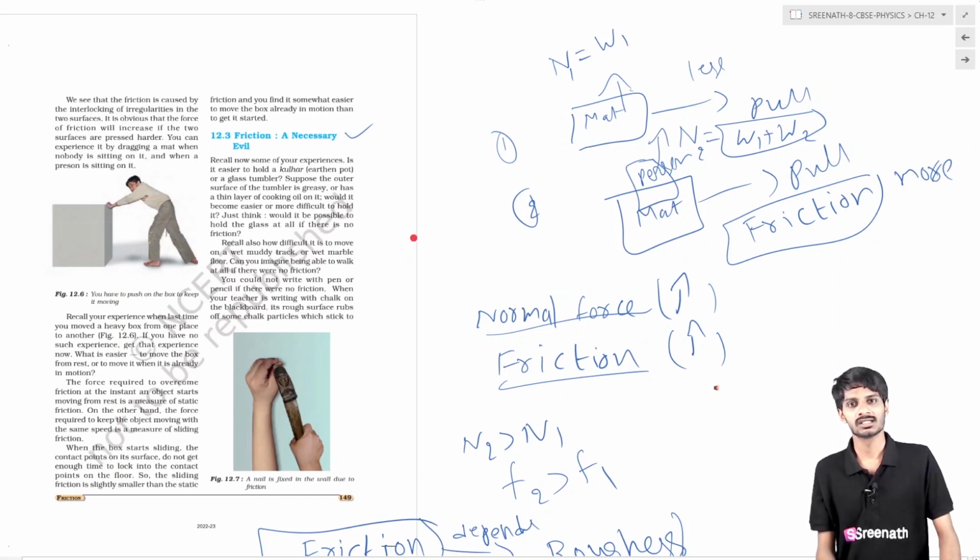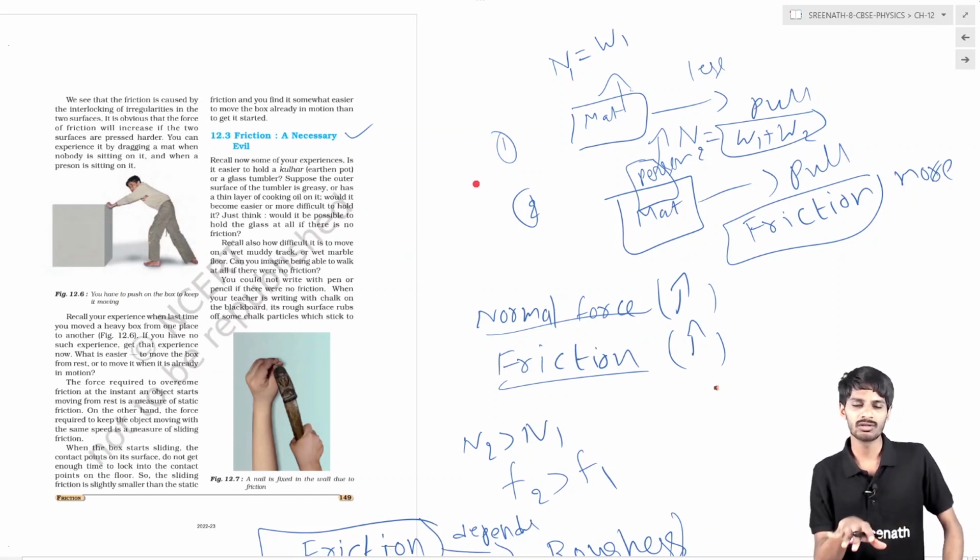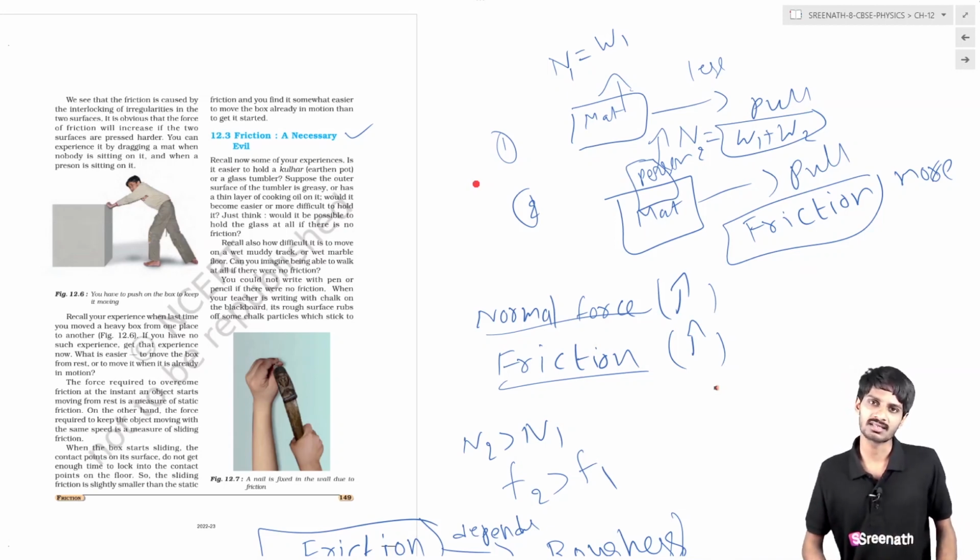Why? Because you personally experience it daily when you walk. When surfaces are very watery and very smooth, try to walking on those surfaces. It will be very difficult for you to walk on smooth surfaces or surfaces we have just cleaned.